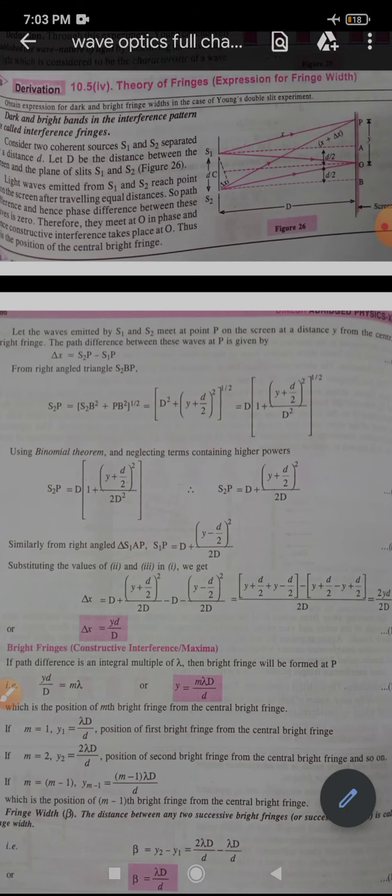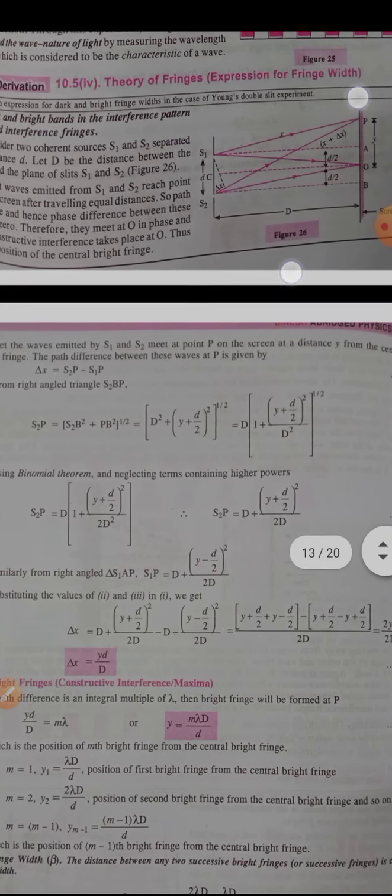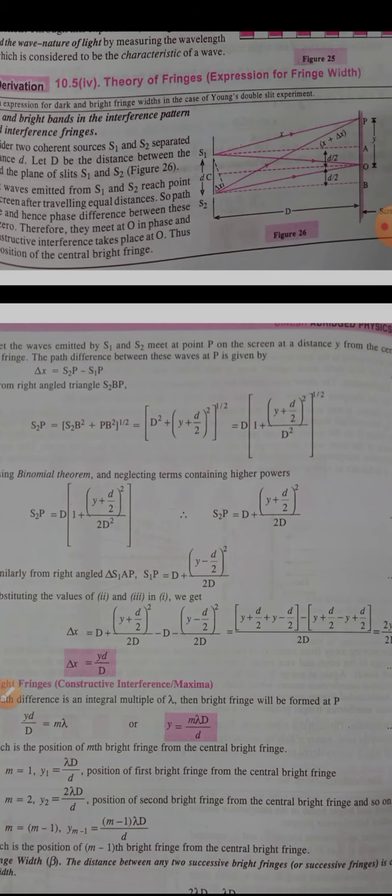S2B is D, so D square, and next PB is y plus d by 2. These are the lengths. This whole length A to B is called d.